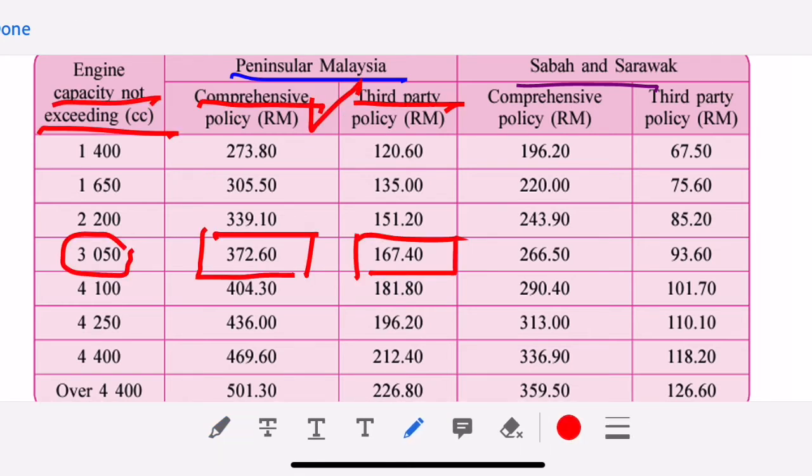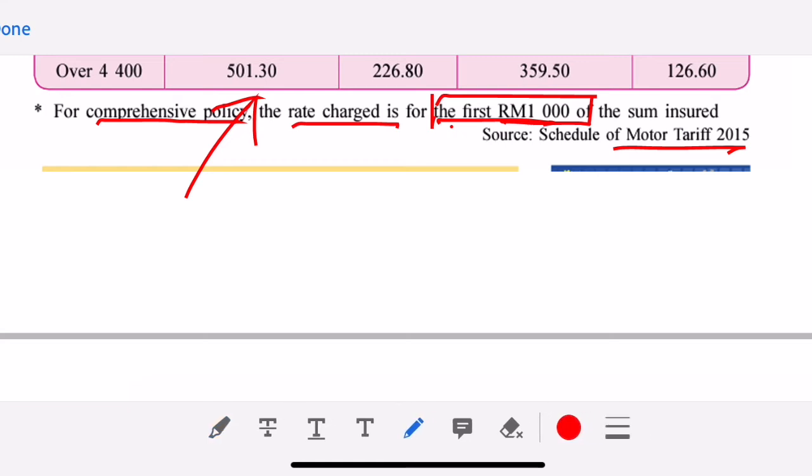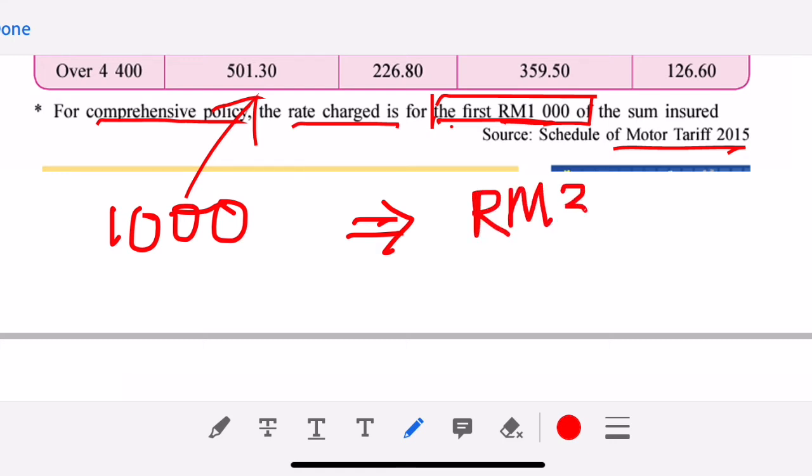So for the first 1,000, we have to consider 372.60. So let's do it here. For the first 1,000, Encik Bakri has to pay, following the schedule, RM372.60. Follow exactly the table.